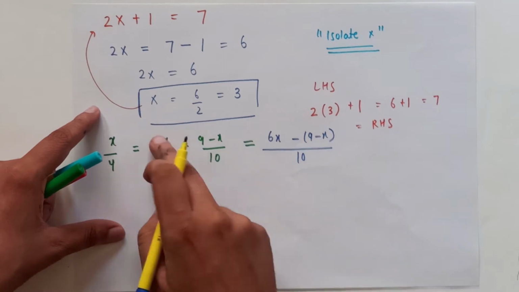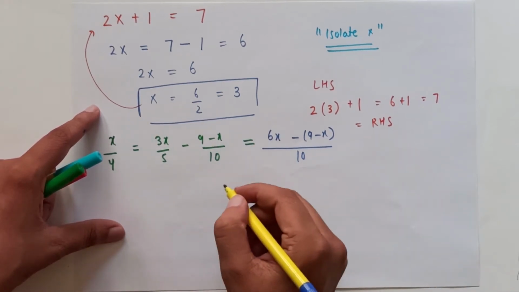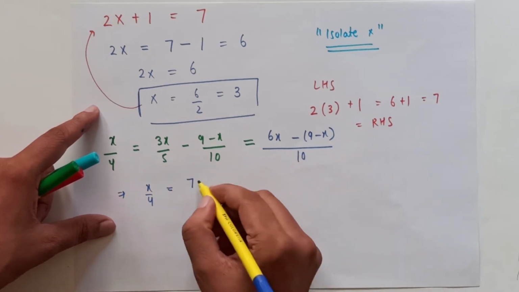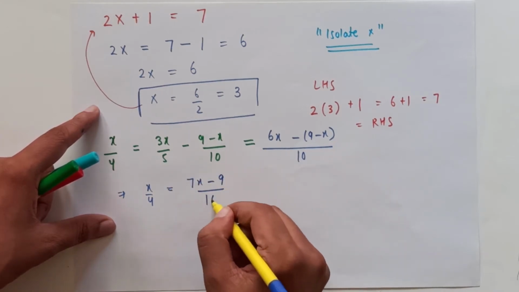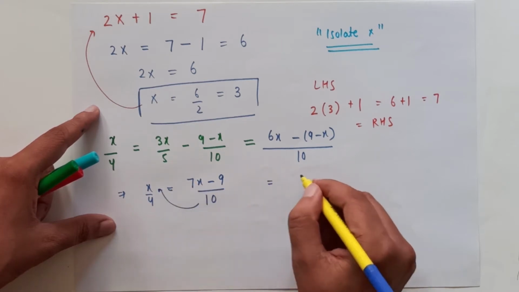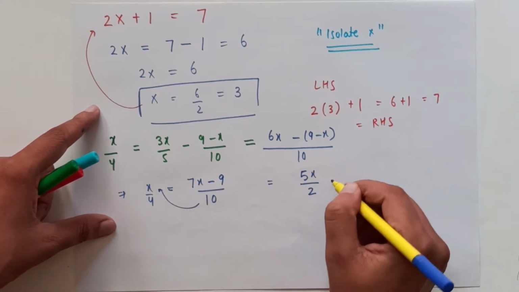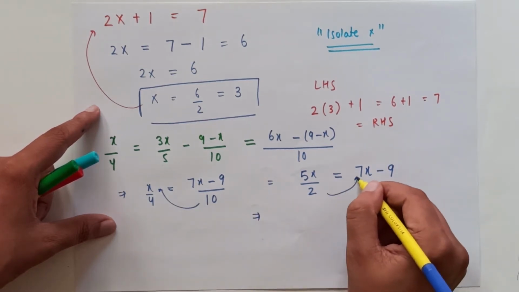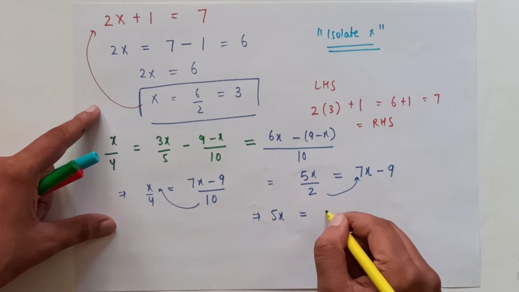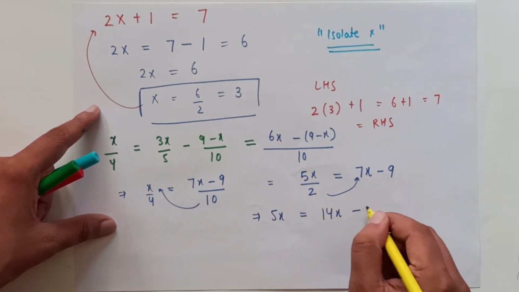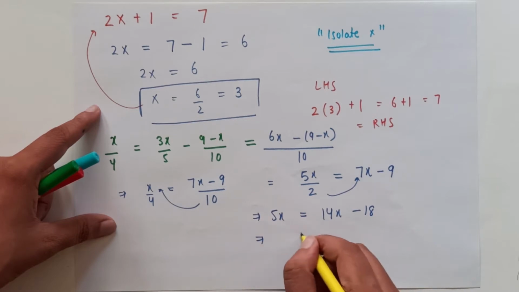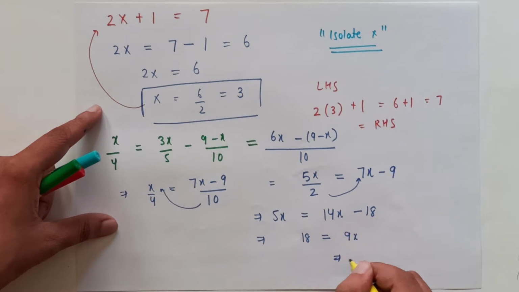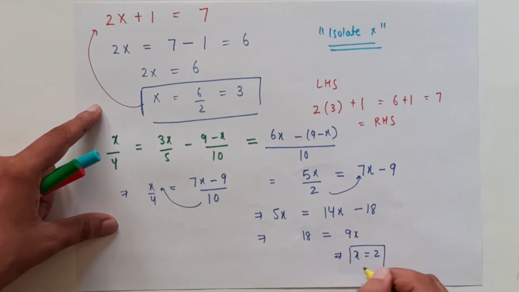In this, we have taken LCM. 2 is multiplied by 3x, which will further be simplified as x over 4 equals 7x minus 9 over 10. Taking 10 this side, we will get 5x over 2 equals 7x minus 9, implies 5x is equal to 14x minus 18, implies 18 is equal to 9x, implies x is equal to 2.